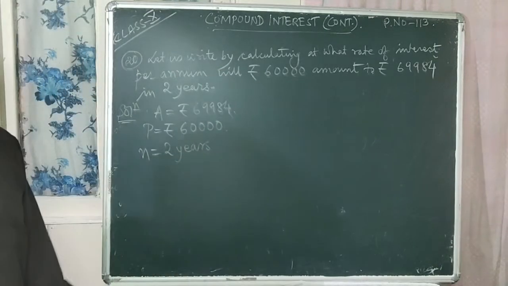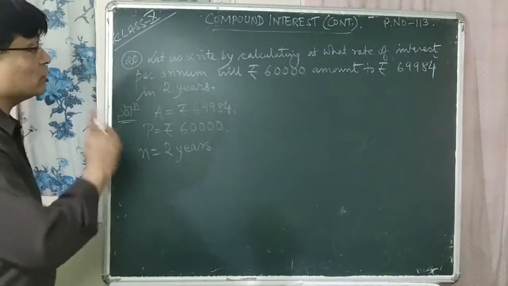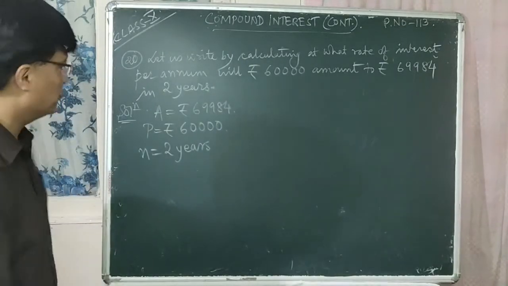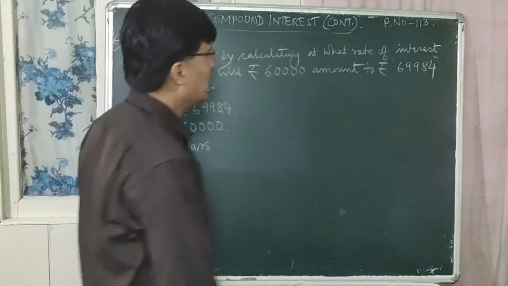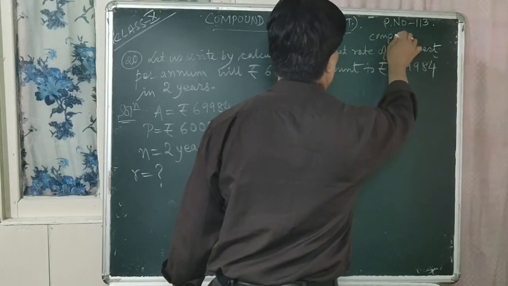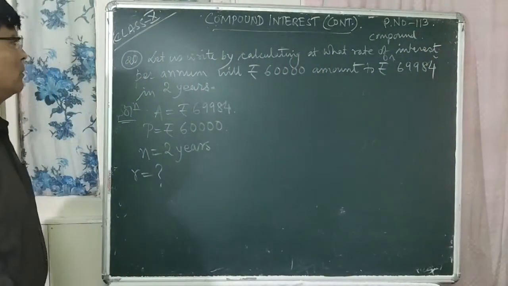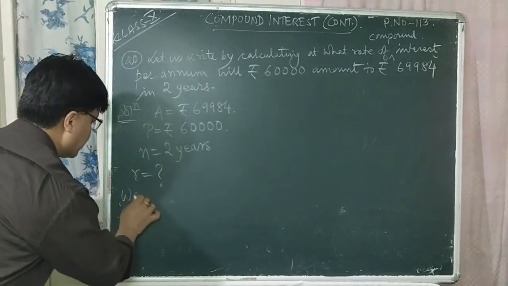Now in this case you have to calculate the rate of compound interest per annum, that is R is equal to question mark. So let us write here: at what rate of compound interest per annum.